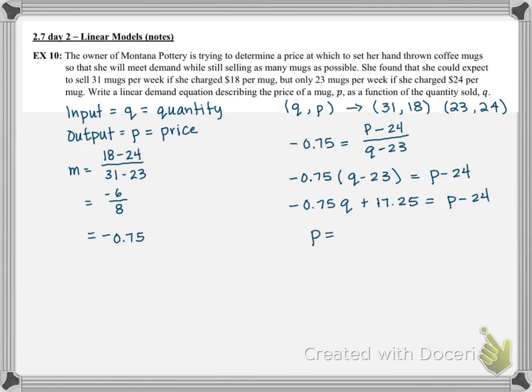So P equals negative 0.75Q plus 41.25. Make sense? Yeah?